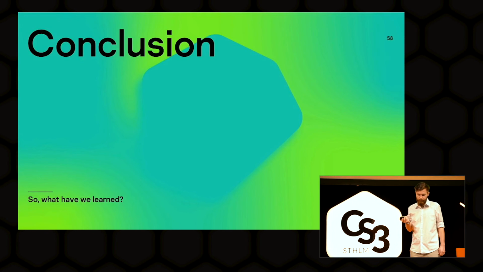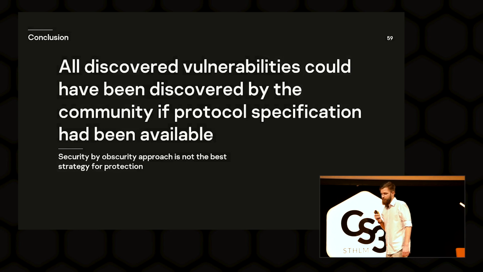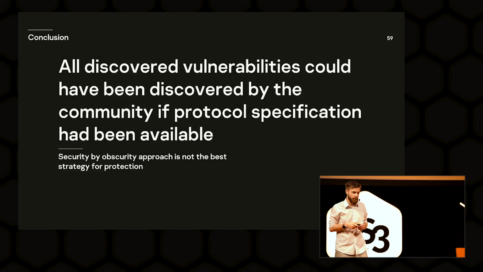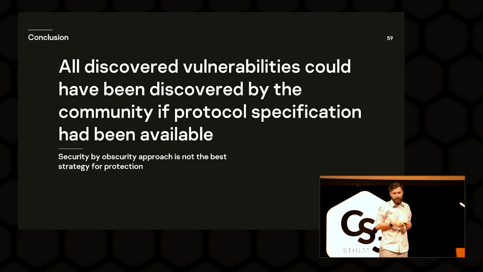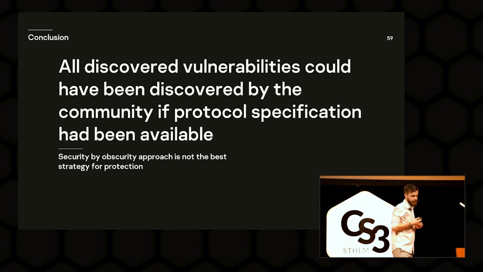So, conclusions. We spent a lot of time to discover all these vulnerabilities and to understand how this protocol works, and we spent a lot of time to write tools and proofs of concept, and to write a report to the CODESYS group.